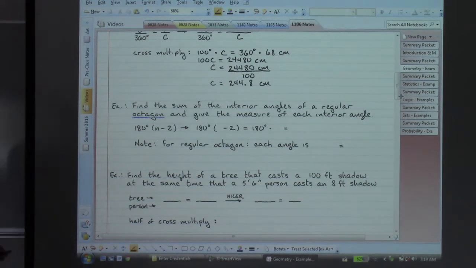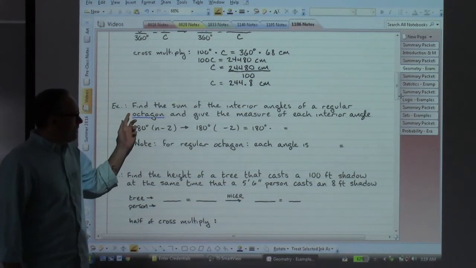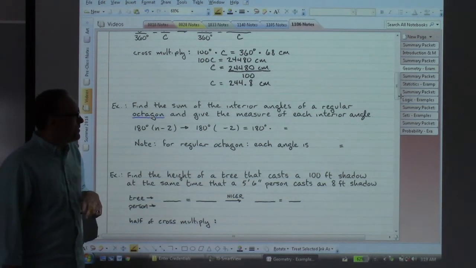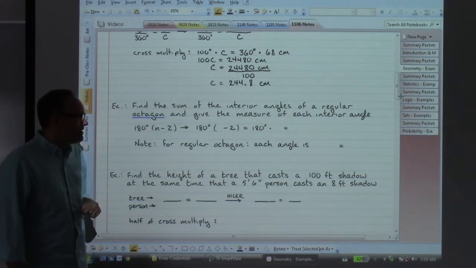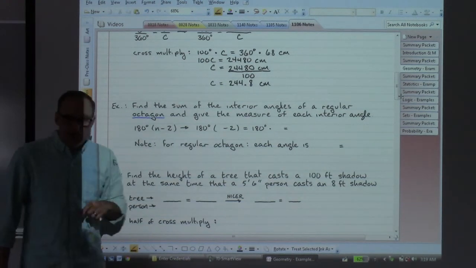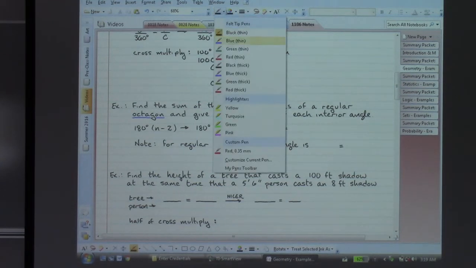Doing a little bit with our polygons. If we have to find the sum of the interior angles of a regular octagon and give the measure of each interior angle, an octagon has 8 sides because, like octopus, 8 is that number coming from that prefix.